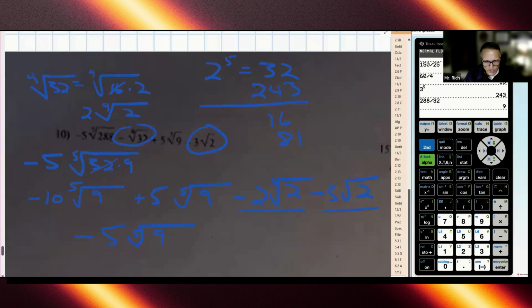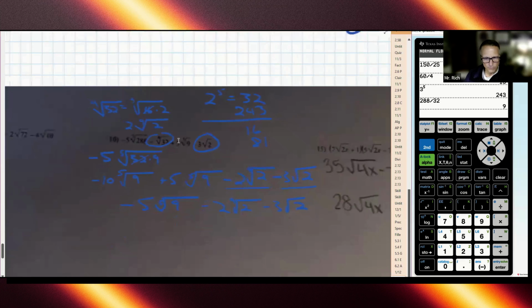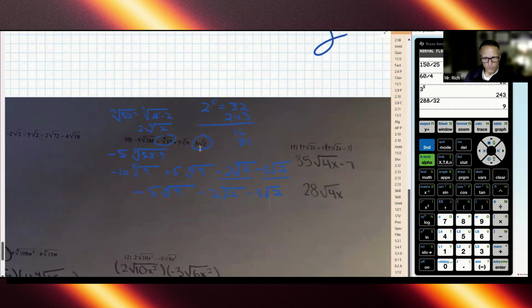So all I can do is rewrite those terms in my final answer, and we get that. So that, Amber, I'm going to say is your final answer on that problem. So you're simplifying the roots and then looking for like terms that could be combined together.